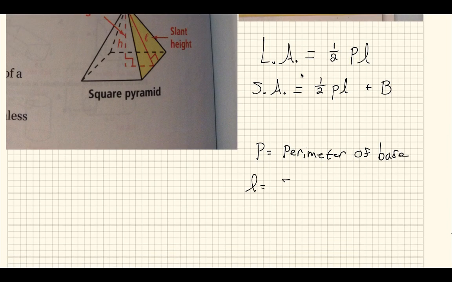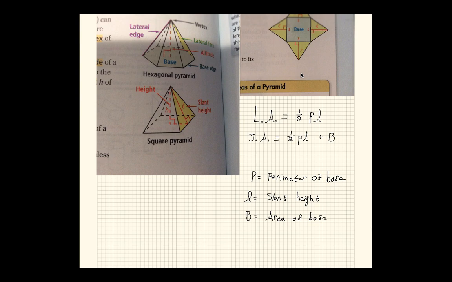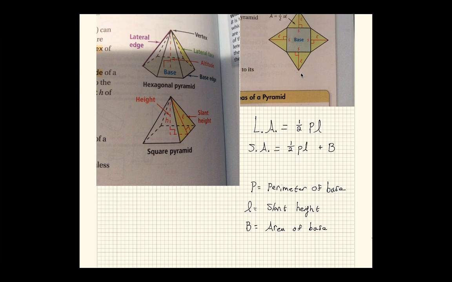L represents the slant height. And capital B represents the area of the base. All right, so those are my formulas for surface area of a pyramid. Again, just adding up all those triangular faces, depending on how many there are, and then adding to that the area of the base, and that is your total surface area.